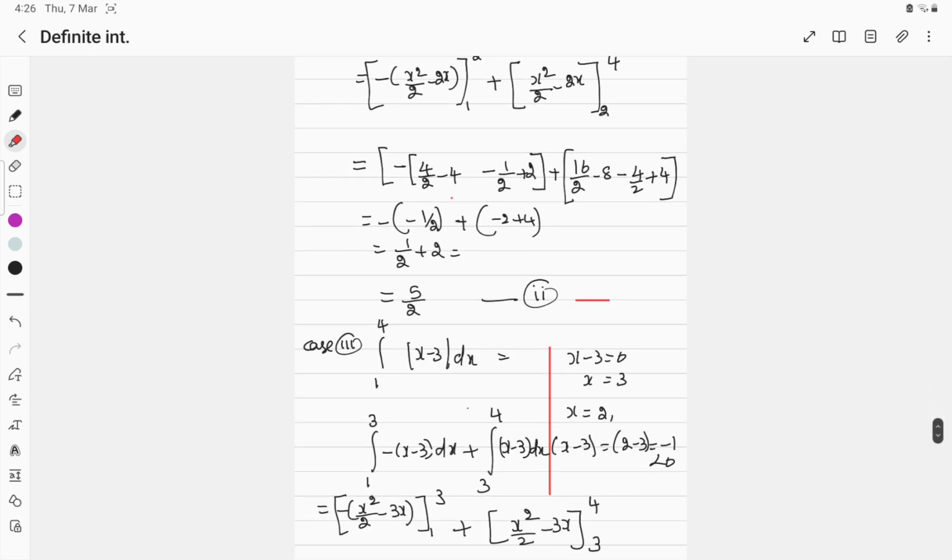Third one, here absolute value of x minus 3 dx. So x is equal to 3. If we put x is equal to 2, we get negative, therefore it is less than 0.